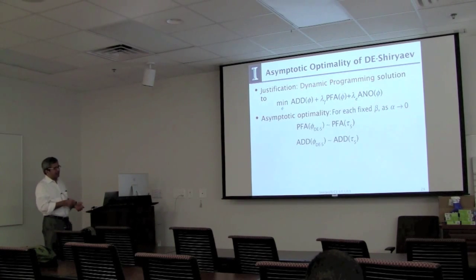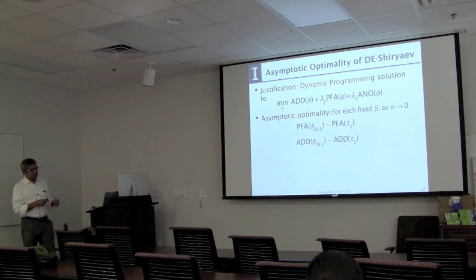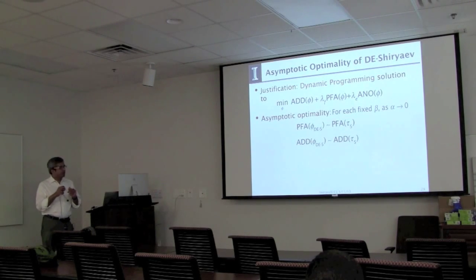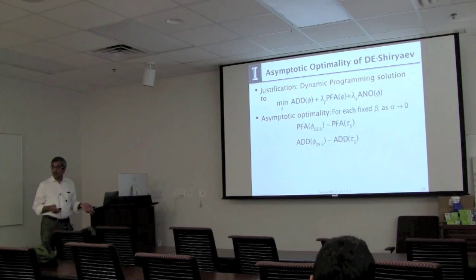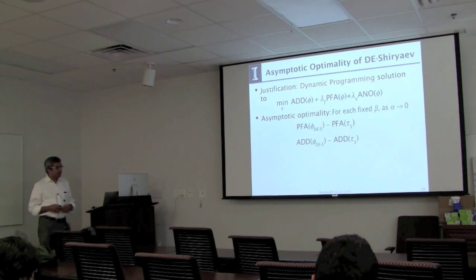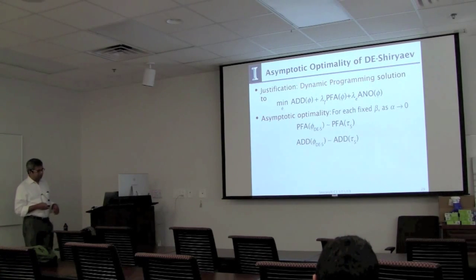We're going to fix beta, and you can show that as alpha goes to 0, the false alarm rate achieved by a data efficient test is up to first order the same as the Shiryaev test, which does not skip observations. And the delay also is up to first order the same. So this test is asymptotically first order optimal. And in numerical results, you can show that you get a very nice gain in data efficiency over the Shiryaev test.